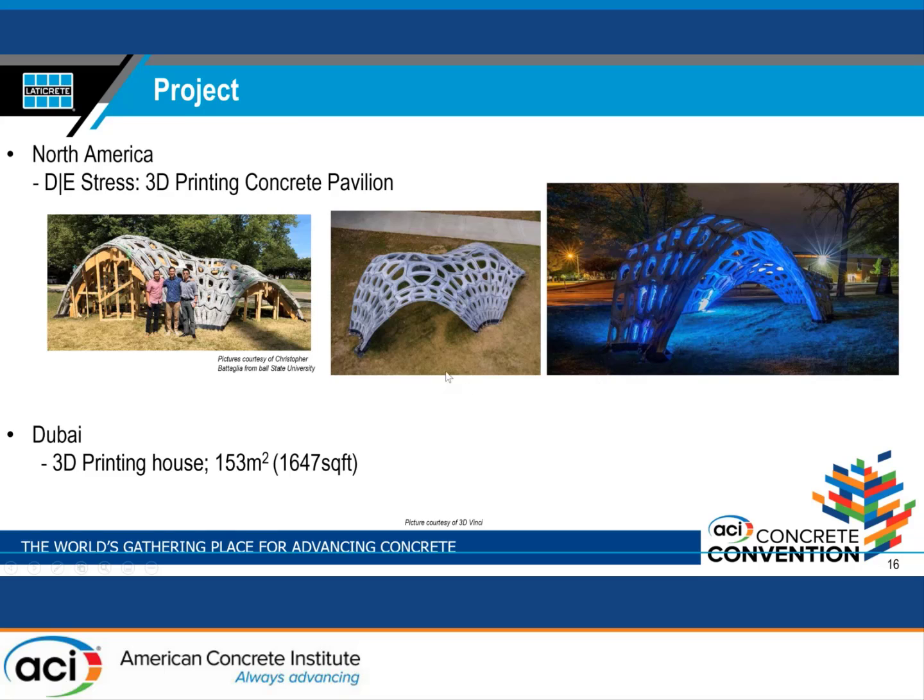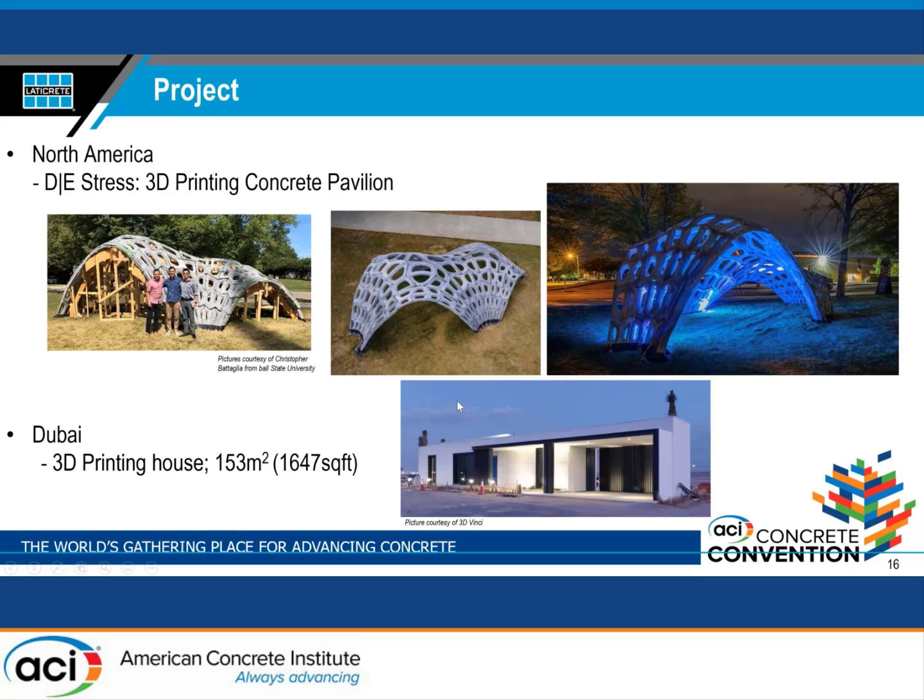The second project that we have done is a 3D printed house in Dubai. Can be seen here. So for the house, the walls and the parapets were printed. For the walls, it took about 90 hours of printing time.